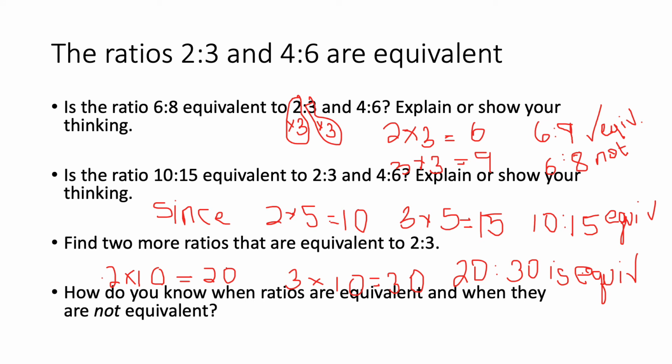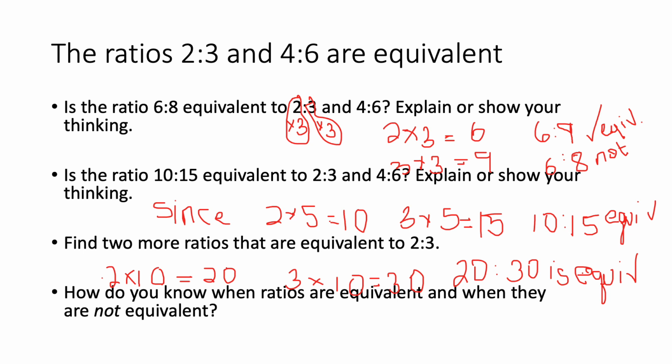Okay, so let's go back to the questions that I asked you earlier and discuss the answers. Remember that equivalent ratios are ratios where each number in the ratio is multiplied by the same number to get another number. So if we're going to see if 6 to 8 is equivalent to 2 to 3, which we already know is equivalent to 4 to 6, so we don't have to check that one. But we need to know, what are we multiplying 2 by to get 6?